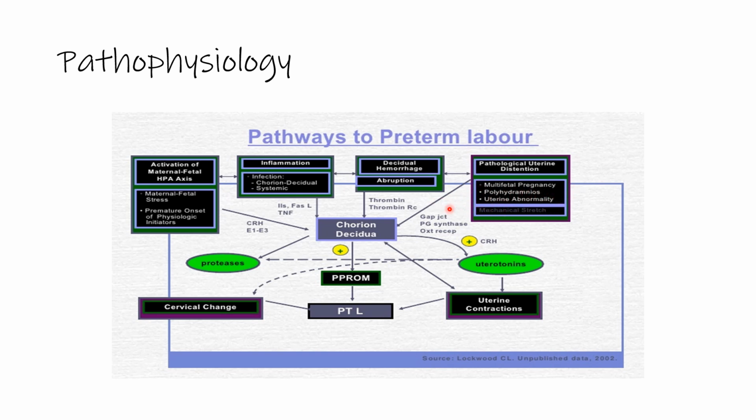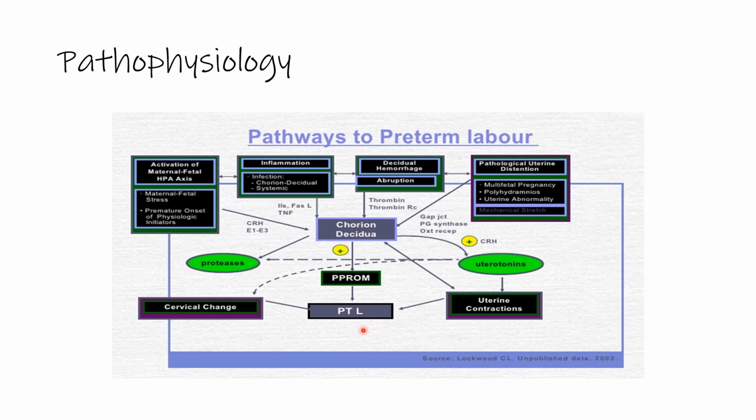And then you also have chorion and decidual activation. The chorion is the part of the fetus, and the decidua is the part of the mother. So this is the composition of the placenta. After all that, you will have increased predisposition to premature rupture of membranes, and that will also increase the risk of preterm labor.